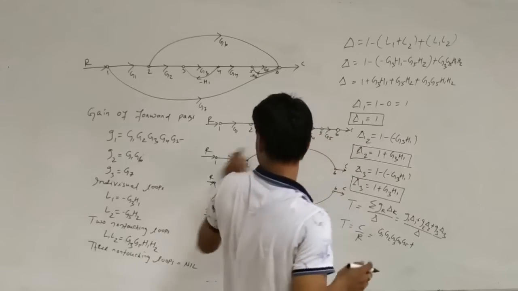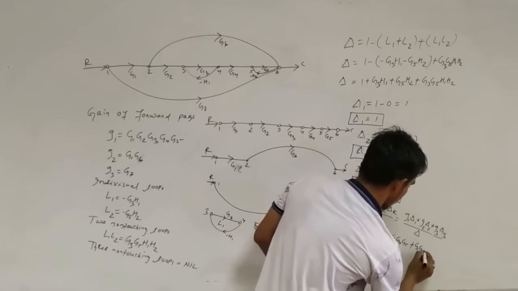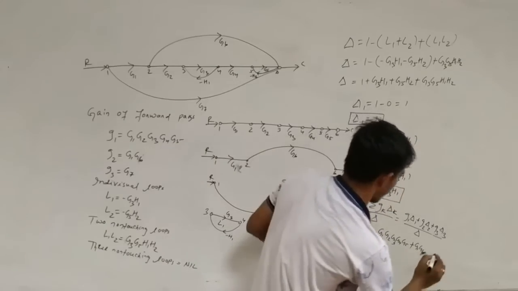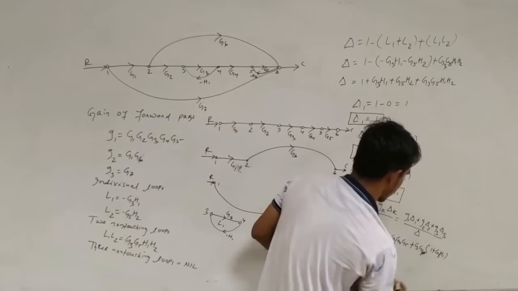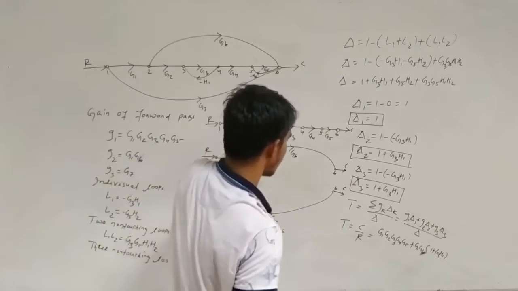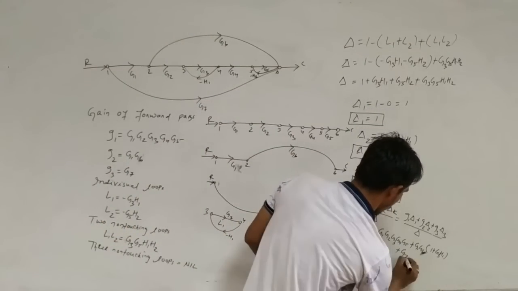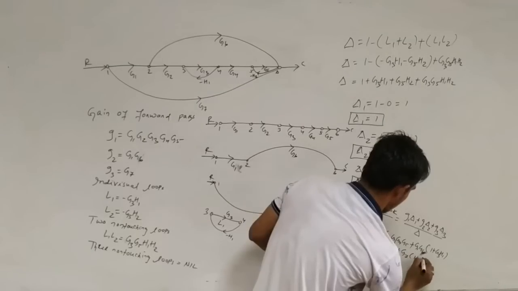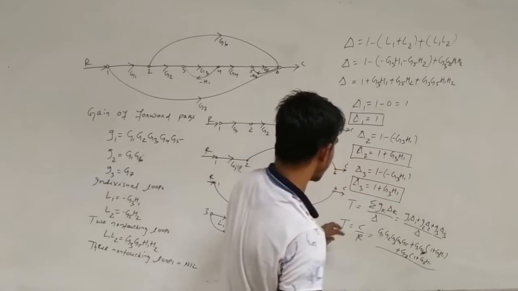Then G2, that is G1 G6, into delta 2, which is 1 plus G3H1, plus G3 delta 3, and delta 3 is 1 plus G3H1, divided by delta.